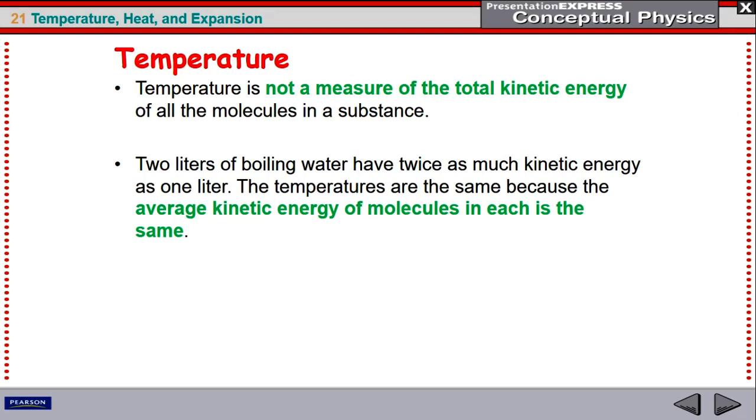So if you bring, for example, 2 liters of boiling water and 1 liter of boiling water, both of them have the same temperature, but they do not have the same total kinetic energy. The big mass of water will have more kinetic energy. But still, the two amounts of water will have the same temperature. Why? Because they have the same average kinetic energy of molecules.